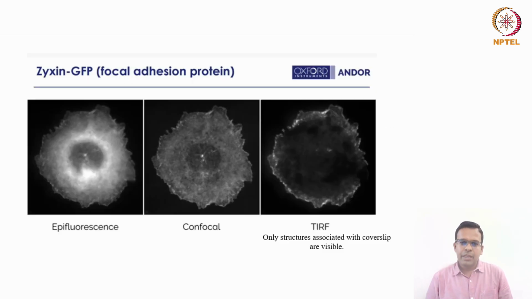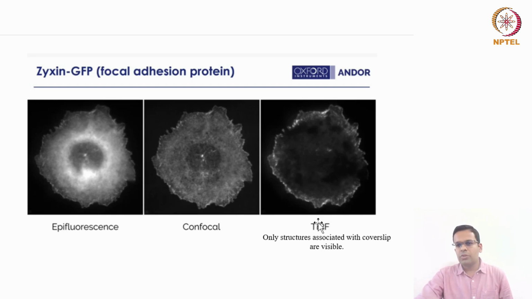Here you can see the difference between the epifluorescence, confocal and TIRF image. In epifluorescence, you can see so much background light, or out of focus light. In confocal, the out of focus light is reduced, but you can still see structures even deeper in the cell.